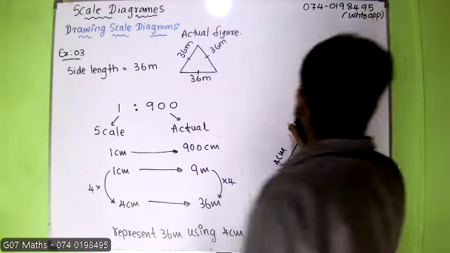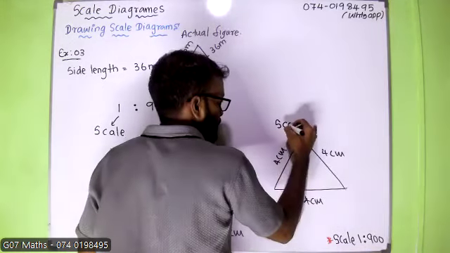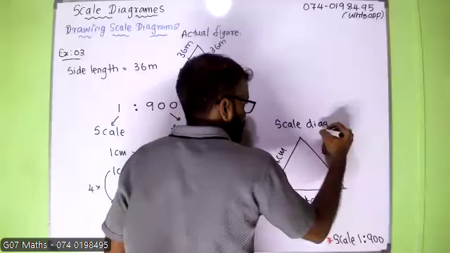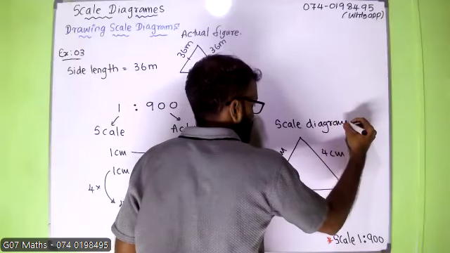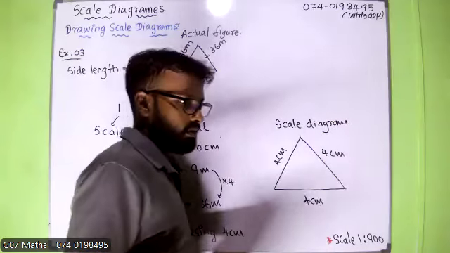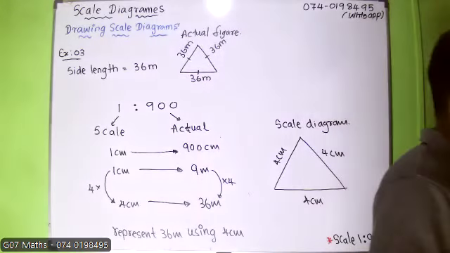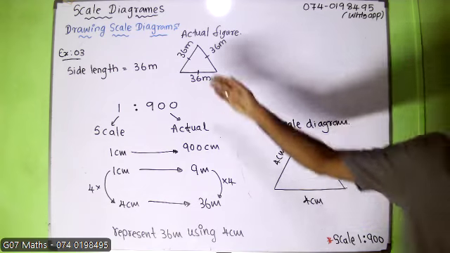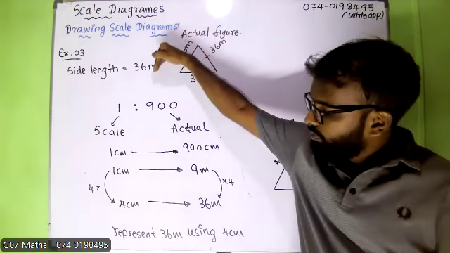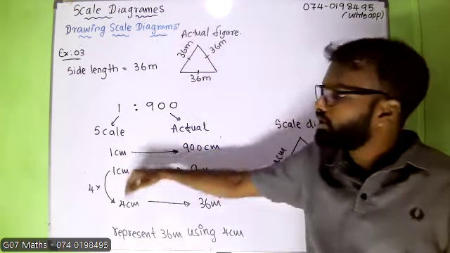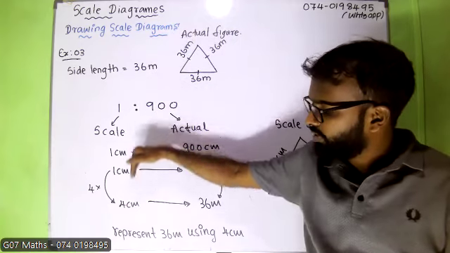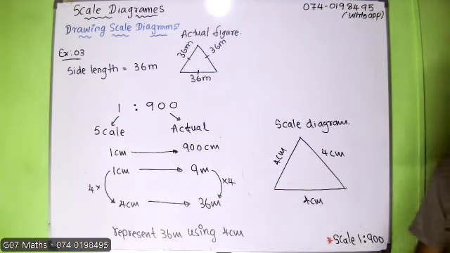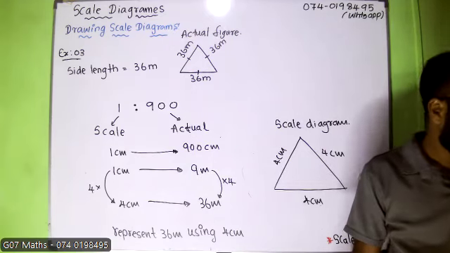So your scale diagram is this. So you have to follow the way. This is the way that you need to follow. You can get full marks.